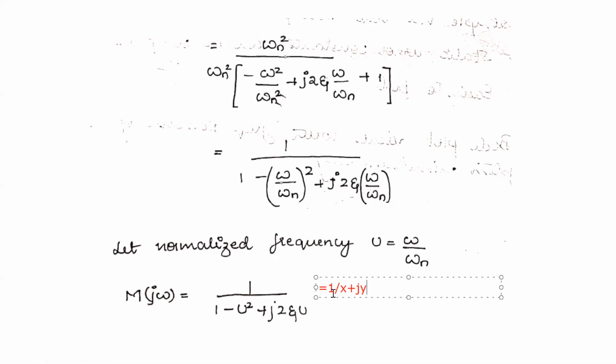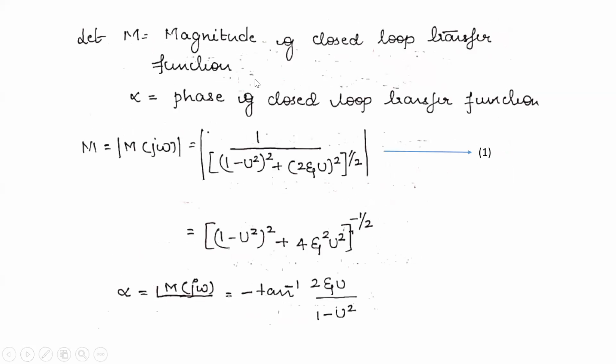If it is x plus jy, the magnitude is got by the square root of x square plus y square. Same thing here. The magnitude of this is the square root of, this represents x square and this represents y square.